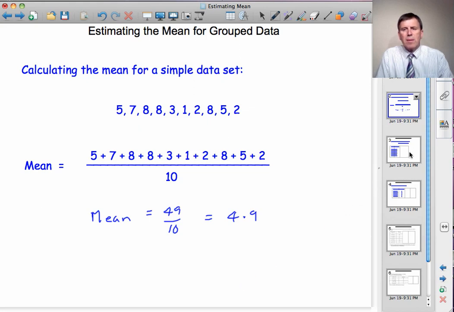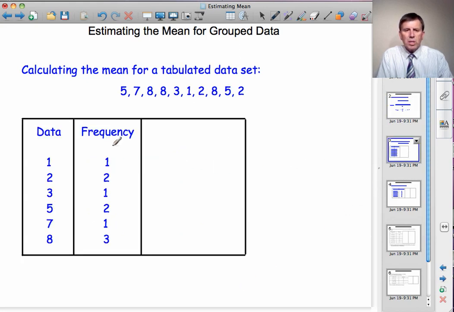Now I'm going to look at the same data set again, but this time I'm presenting it in a frequency table. So if you look at this data set, you'll see we've got one lot of 1, two lots of 2, one 3, two 5s, one 7 and three 8s.